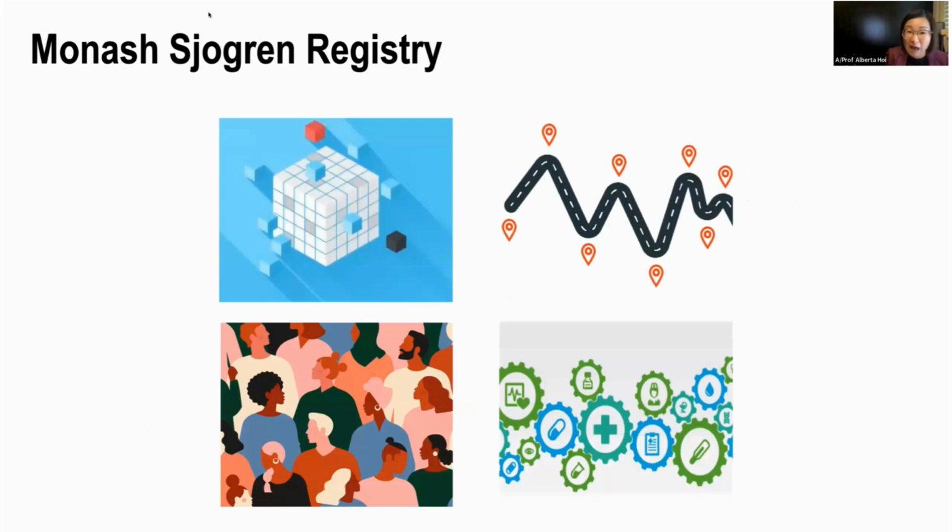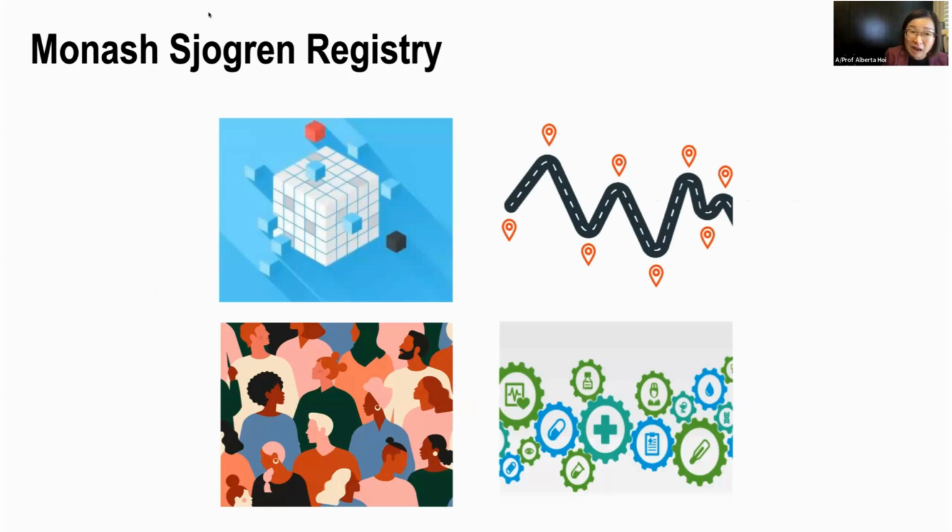So I just want to flag, and I know my audience here tonight comes from all over Australia, but we are setting up a Sjogren's registry at Monash in Melbourne, and this is an effort to try to learn more directly from patients about their disease journey, what medication works and what lab test is valuable.